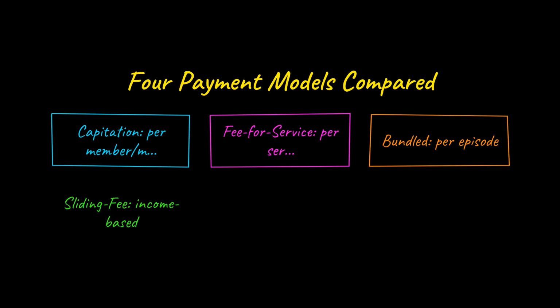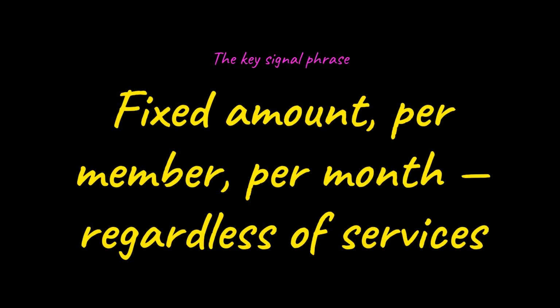Bundled payment covers an entire care episode, and sliding fee scale is a patient financial assistance model, not a payer arrangement at all. When you see fixed amount per member per month, attributed population, or provider accepts utilization risk, that's capitation. Shared savings and global budgets are related but distinct. Capitation is specifically the per member per month flavor.